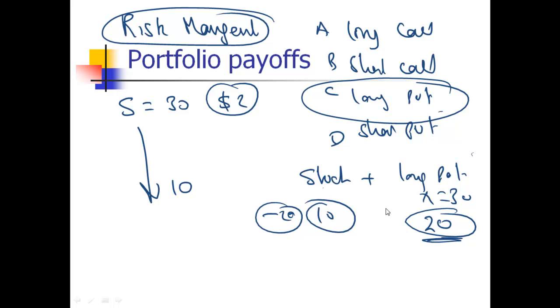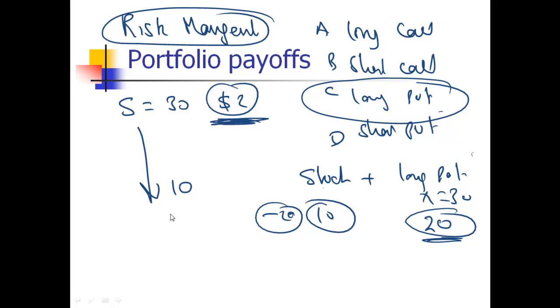What is the only downside? The $2 that I would have paid for the put option. Now, this is essentially like an insurance, right? The $2 can be thought of like an insurance premium, which is helping insure me against losses. What do insurance companies do?